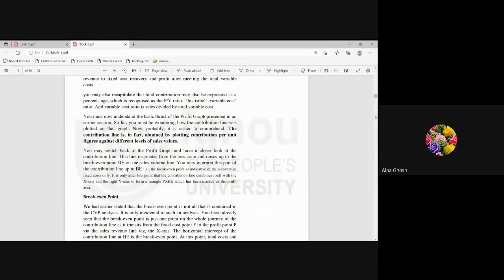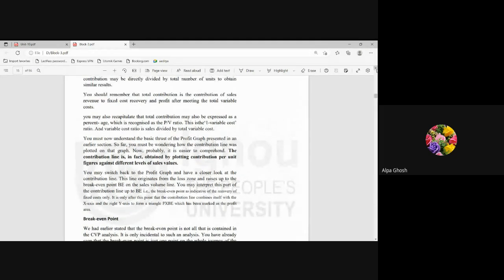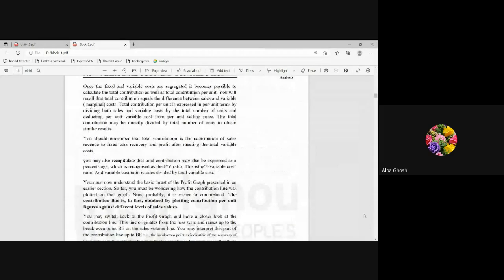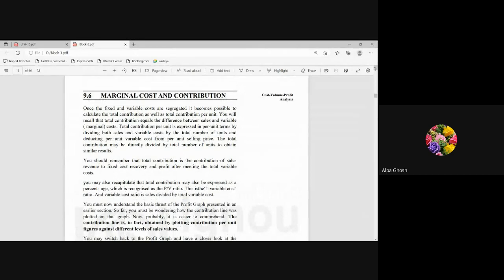Now we are going to study this again in this unit: marginal cost and contribution. In the last class also we went through marginal cost and contribution. Once the fixed and variable costs are segregated, it becomes possible to calculate the total contribution as well as the contribution per unit. What is contribution? Sales minus variable cost.